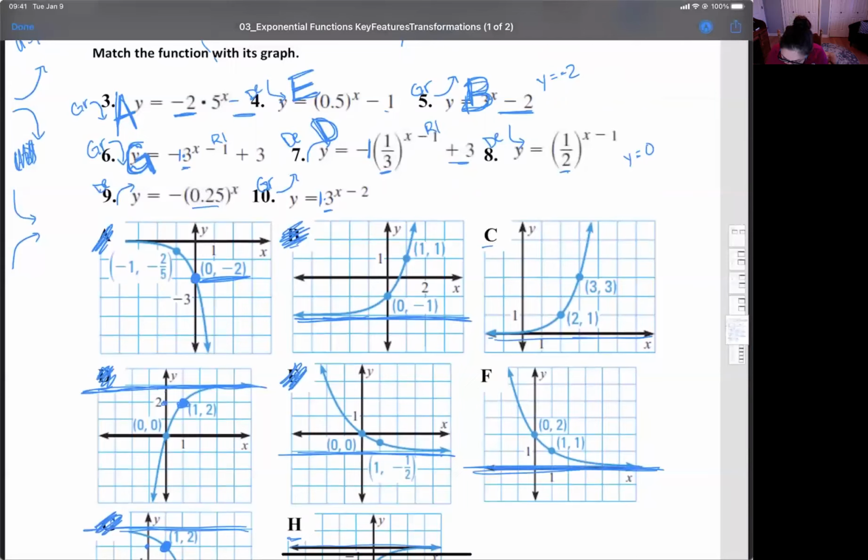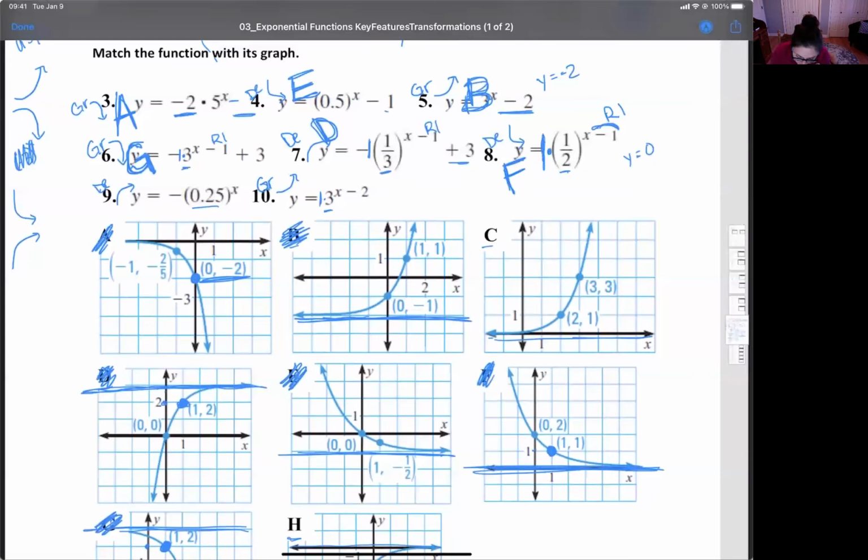And then my lead coefficient, my initial value here would be 1. So this would be 1 since it's positive up from the asymptote. So 1 up from the asymptote. And then this -1 in the exponent is going to move me to the right 1. So 1 up and right 1. And I've got a point on my graph. So this matches with F. 8 matches with F.